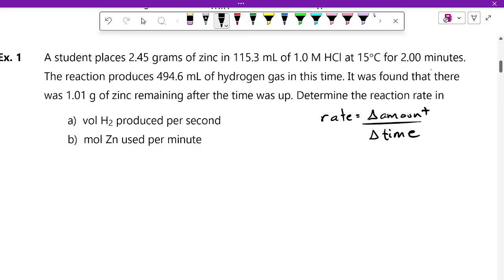And there will be some unit conversions in here as well. So you are going to try to find the rate in the volume of H2 produced per second and the moles of zinc produced per minute. Okay. So you just write the equation and fill in the numbers from what you've got there. Okay.